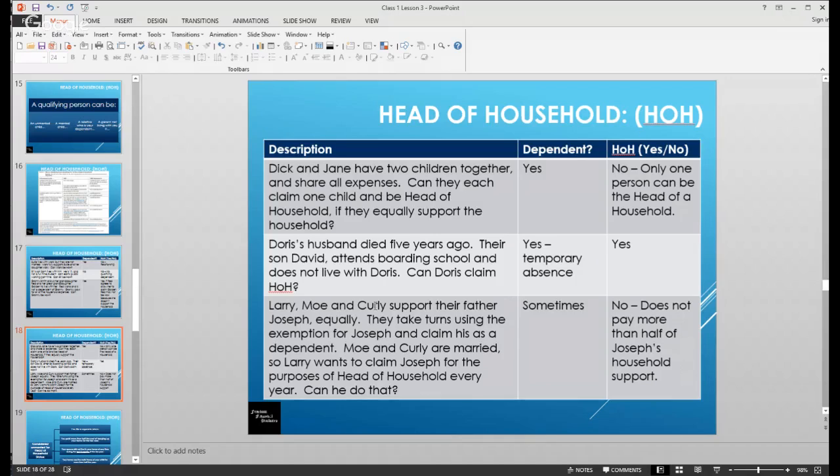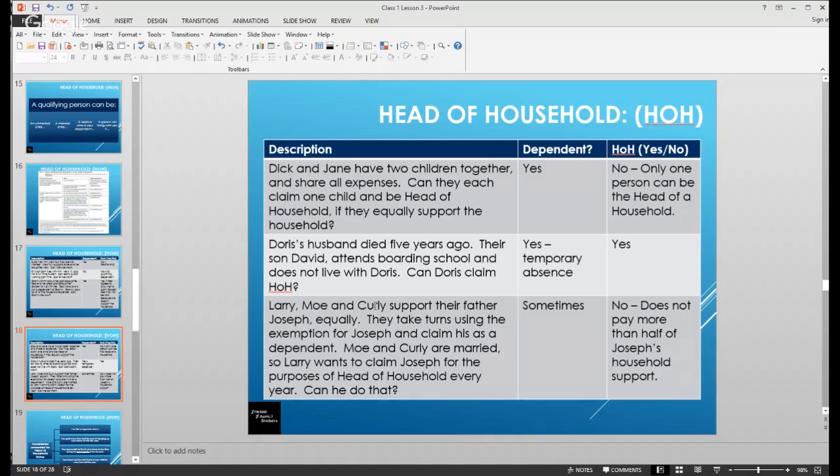Larry, Moe, and Curly support their father Joseph equally. They take turns using the exemption for Joseph and claim him as a dependent. Moe and Curly are married, so Larry wants to claim Joseph for the purposes of head of household. Can he do that? And the answer is sometimes. He has to pay more than half of Joseph's household support.